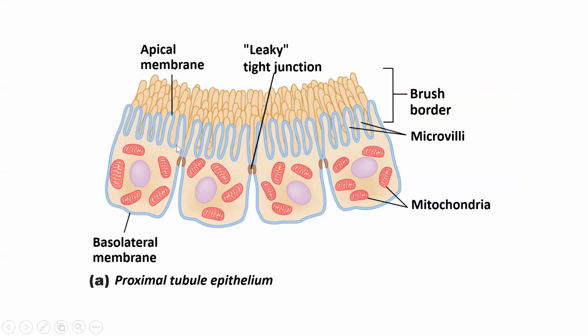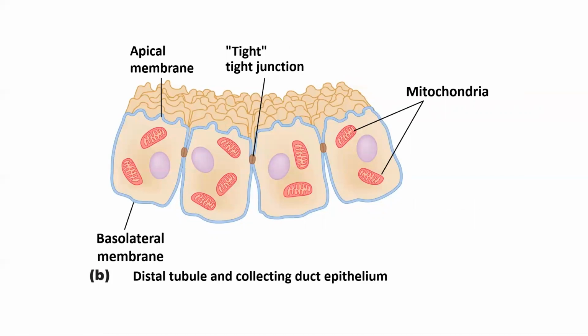Another structural difference is the brush border. The brush border, which is formed by the microvilli, is only present in the proximal tubule and not in the distal tubule, another indicator of an adaptation for increased reabsorption. This is increasing the surface area. The third difference is the shape of the cell. I talked briefly about these being taller columnar cells. Columnar cells are more adapted for reabsorption as opposed to the shorter cuboidal cells of the distal tubule.